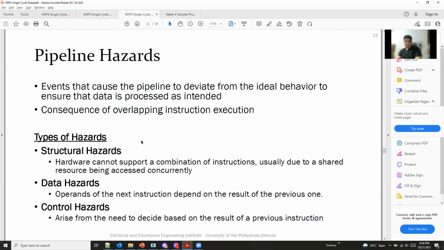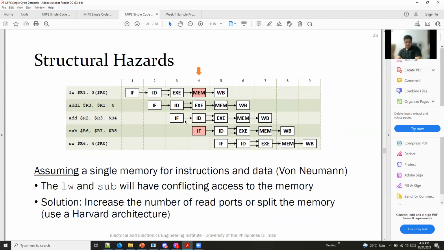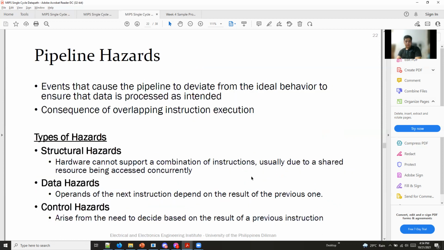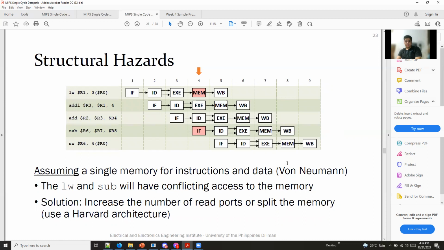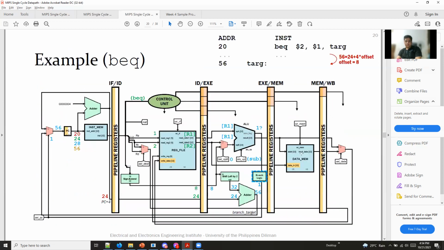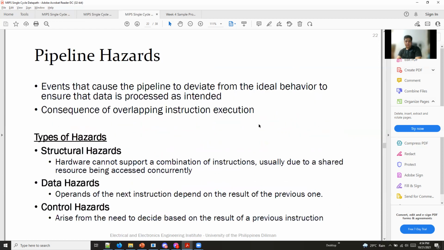Then, next dito, yung simple example is pag naka von Neumann architecture ka, yung memory mo for data at saka memory mo for instruction, pareho lang. So, in that case is, meron kang structural hazard.